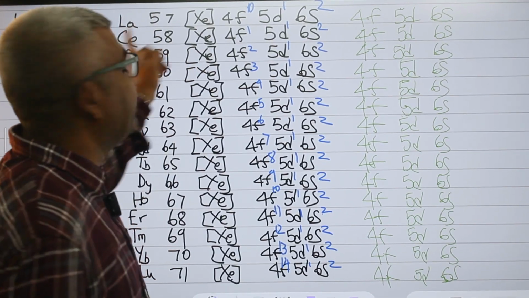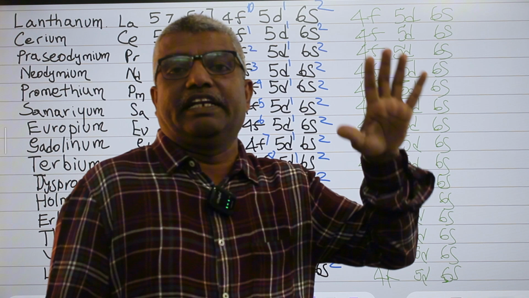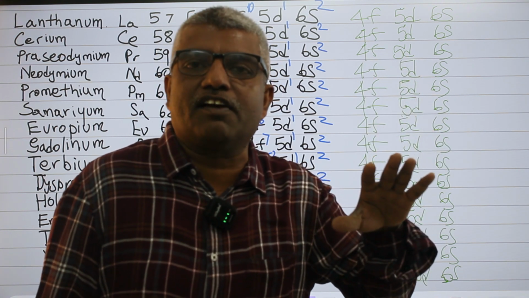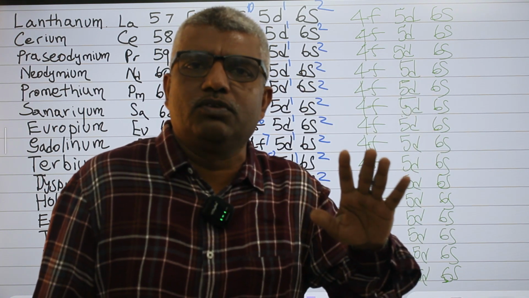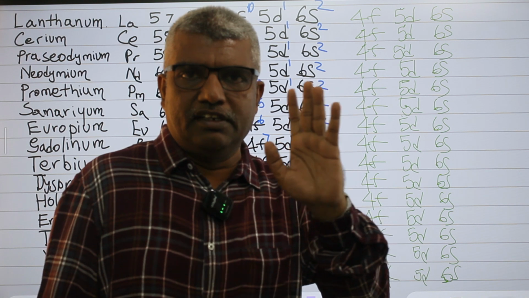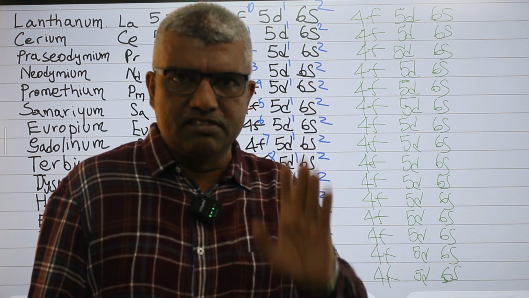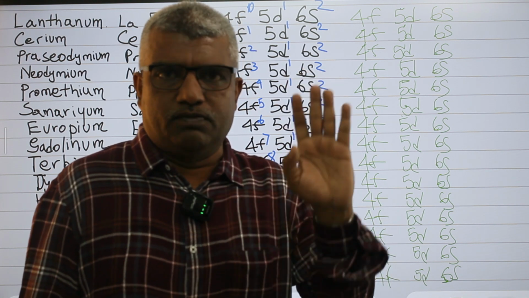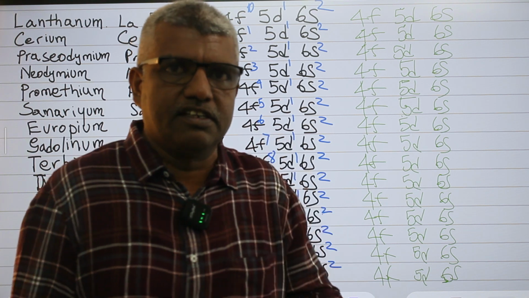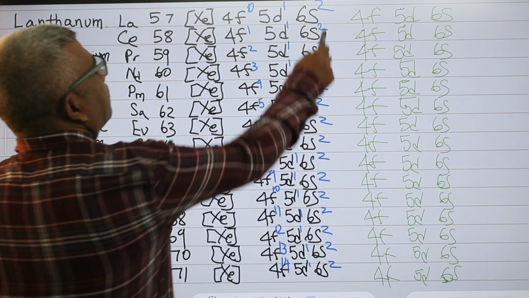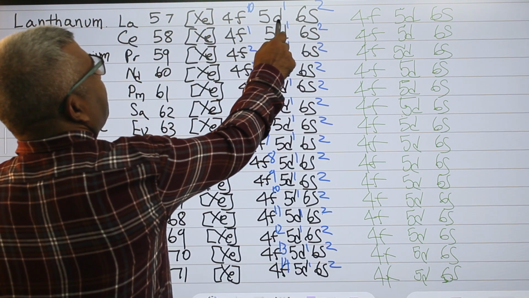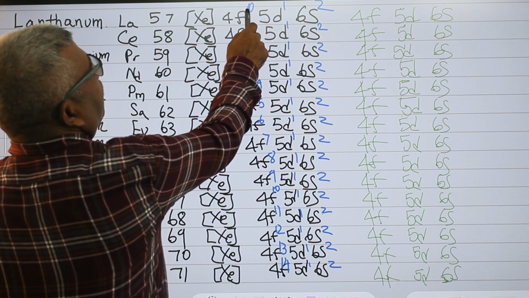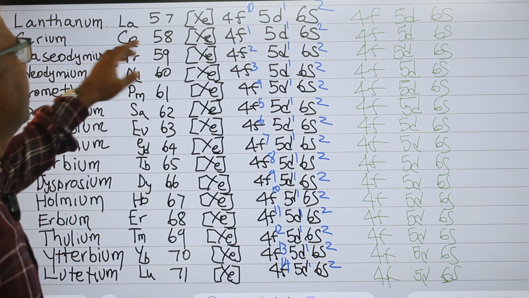We are going to see the electronic configuration of lanthanides. What is the electronic configuration? (n-2)4f 1 to 14, (n-1)d 0 to 1, ns2. Here n is 6. So I put 6s2, 5d1, 4f0 for lanthanum.